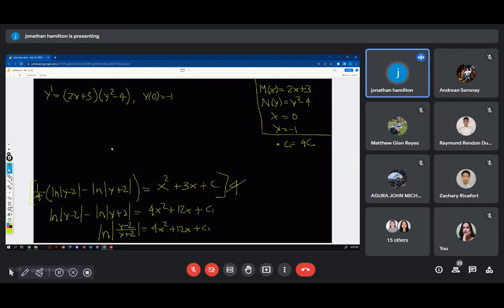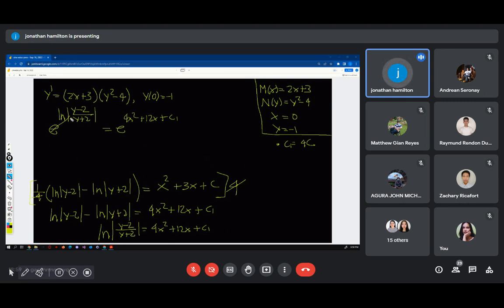Okay. So we say e raised to ln of y minus 2 over y plus 2 is equal to e raised to 4x squared plus 12x plus c1.